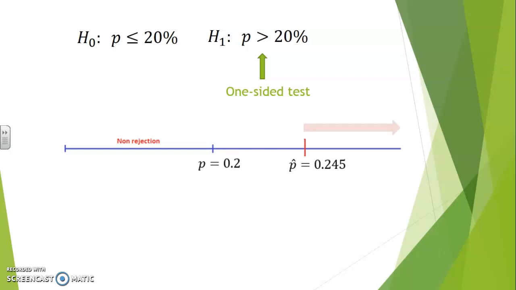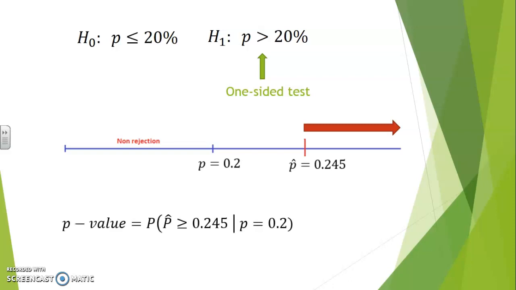We will have to measure how likely results such as this one, or more extreme ones, are to occur, given that 0.2 is still a true value. In other words, we'll find the probability that a sample proportion will give a result that is 24.5% or greater, given that it comes from a population with a p of 0.2.